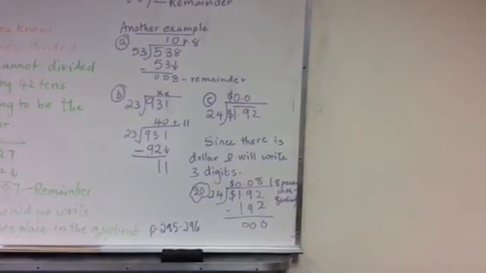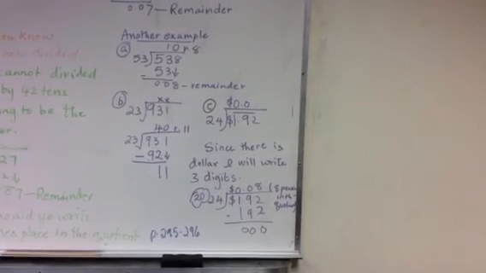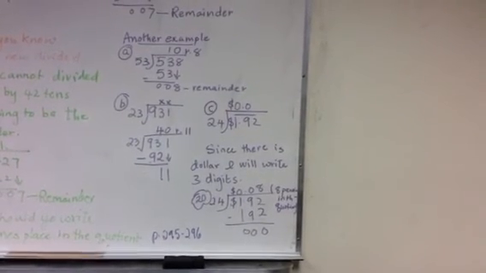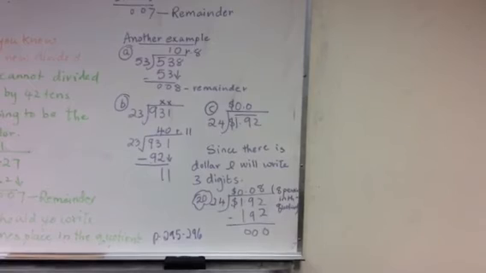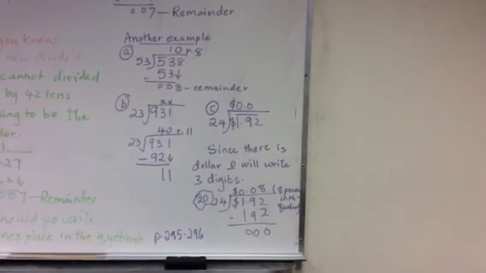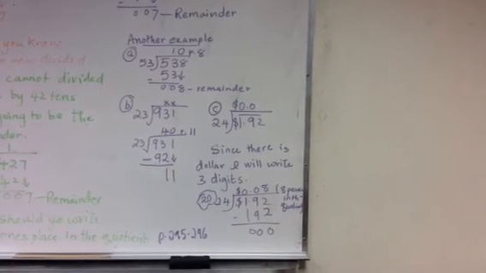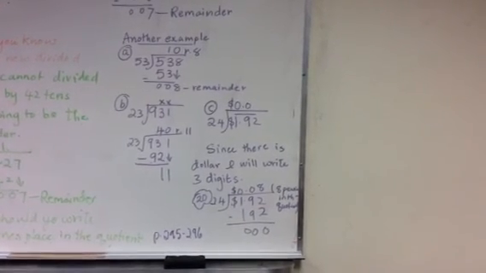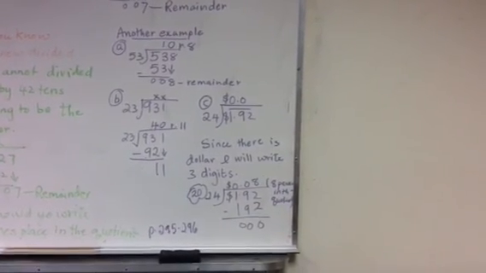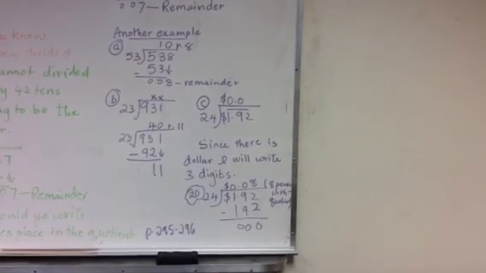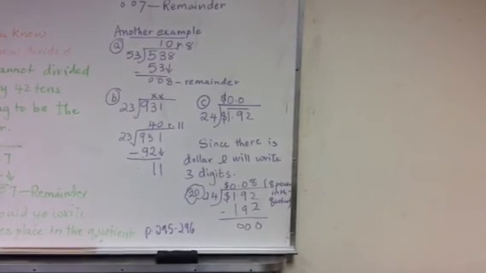Then you move the decimal point up. How many 20s are there in 19? Nothing, so you put a 0 again. Then how many 20s are there in 192? It's 8 times. So 24 times 8 is 192. 192 minus 192 is 0.